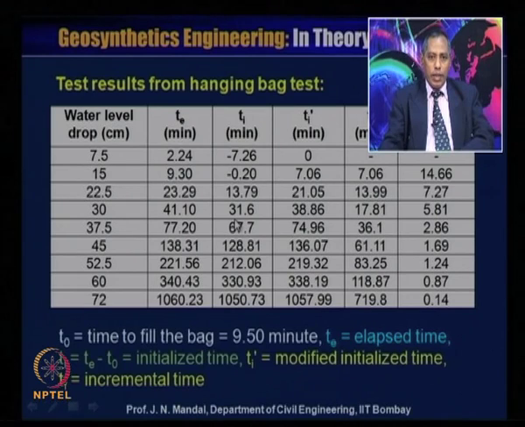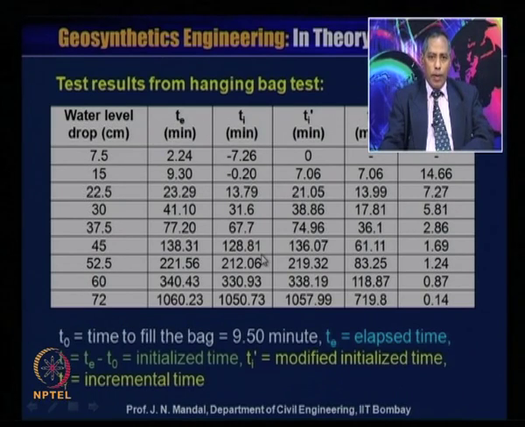Now similarly, 31.6 minus 13.79 plus 21.05 will give 38.86. Now 67.7 minus 31.6 plus 38.86 gives 74.96.